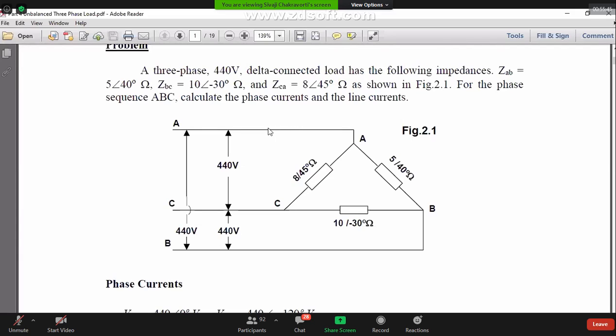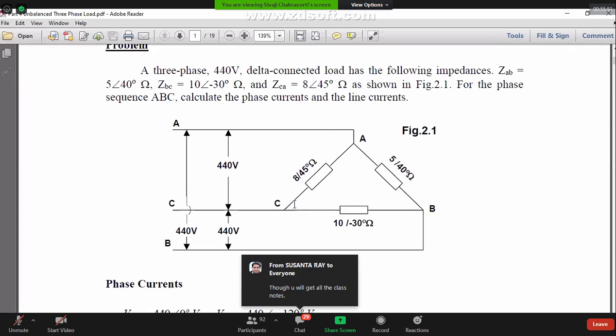Then what is the voltage across this 5 angle 40 degrees? Between A and B, that is VAB. So IAB is straight away VAB by ZAB, because VAB is also the phase voltage: phase voltage by phase impedance.